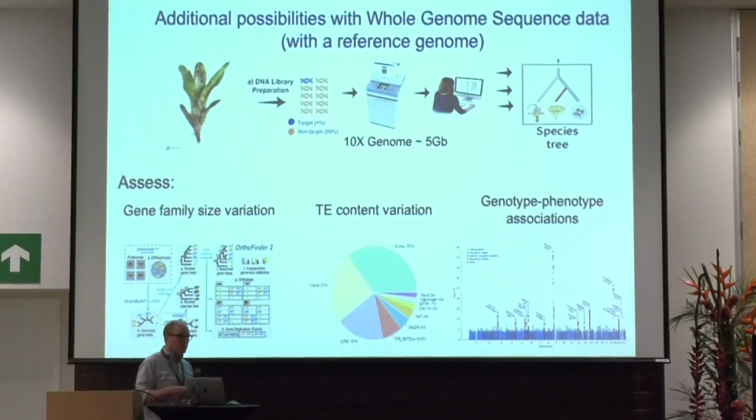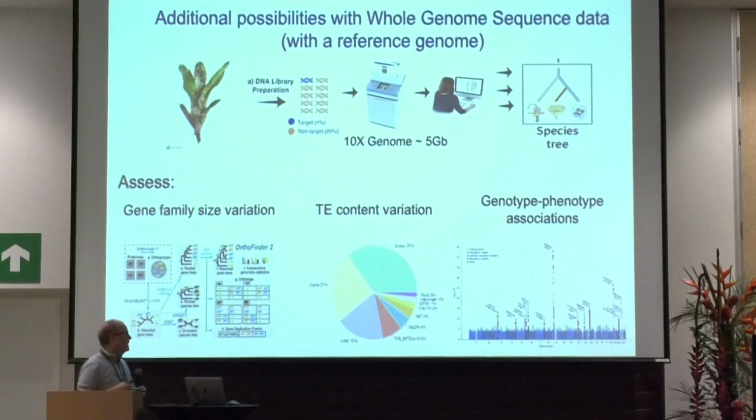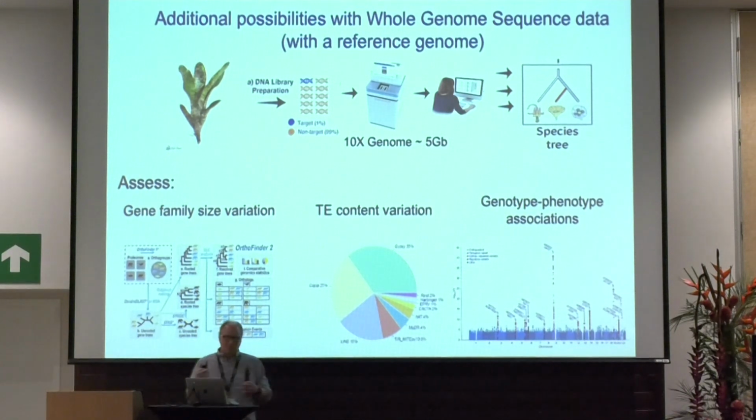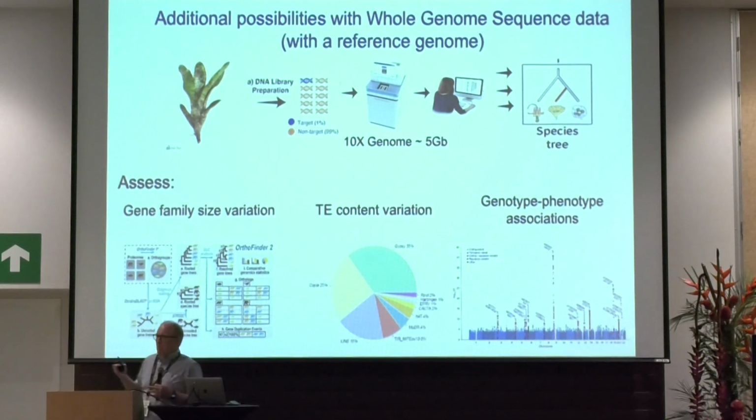Look at variation in copy number for TEs of interest. See how TE dynamics might be influencing variation in phenotype, and ultimately do genotype-phenotype associations, kind of GWAS analyses. All of this is possible on average with 5 gigabases of shotgun sequence per sample.